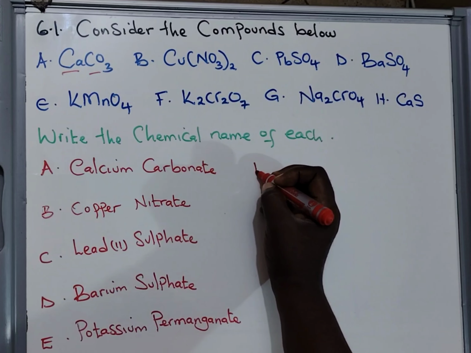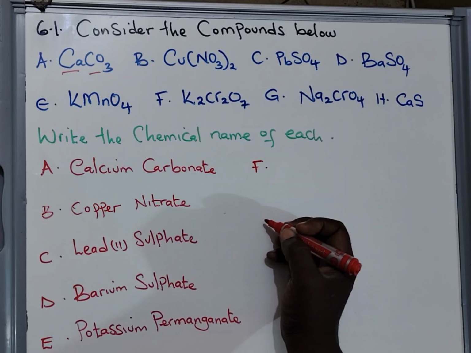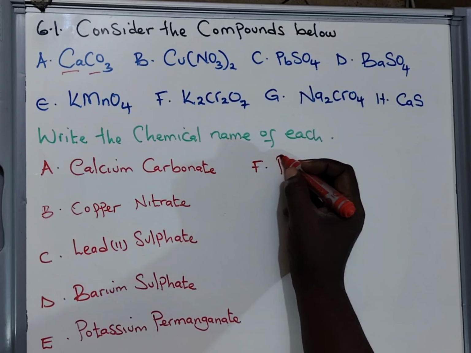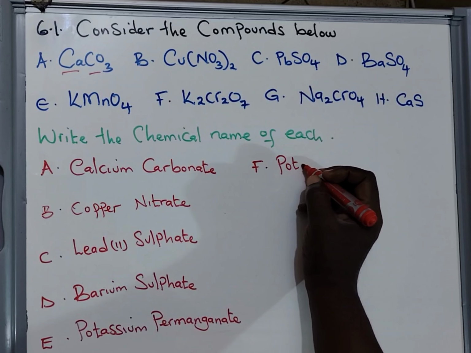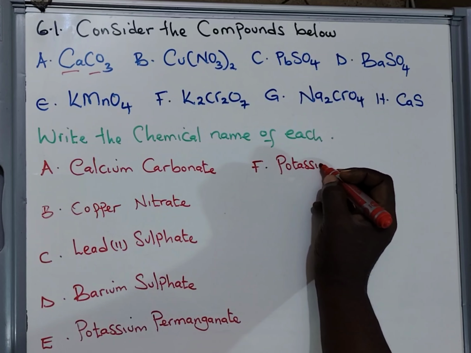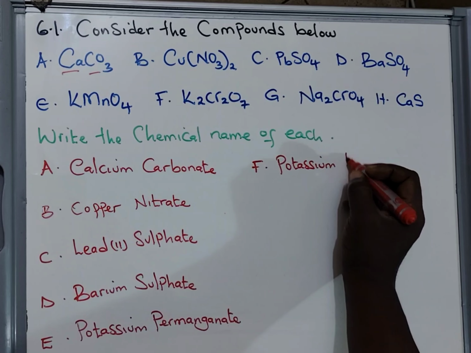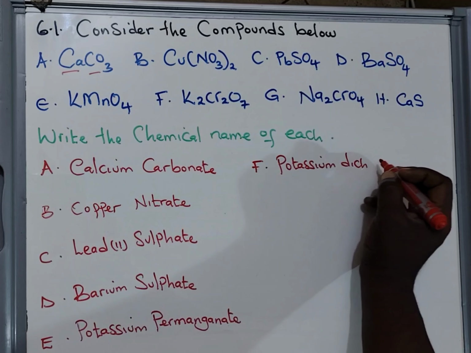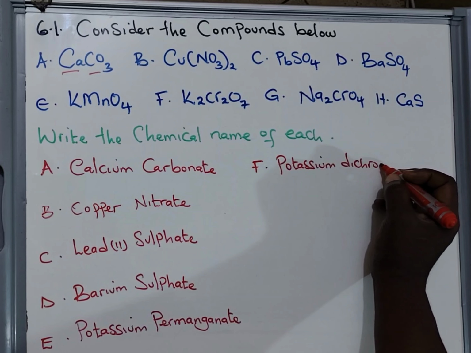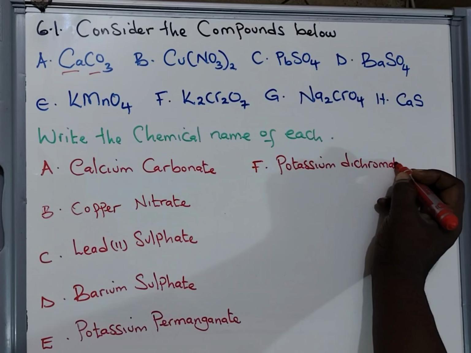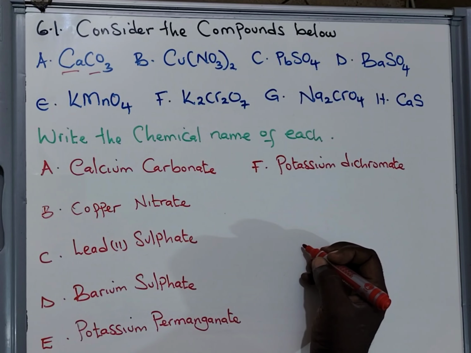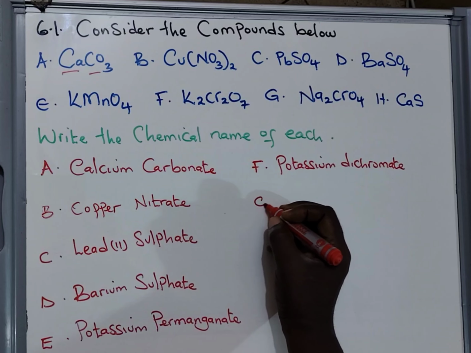Okay, let's go to F. F is potassium dichromate. G, what is it?